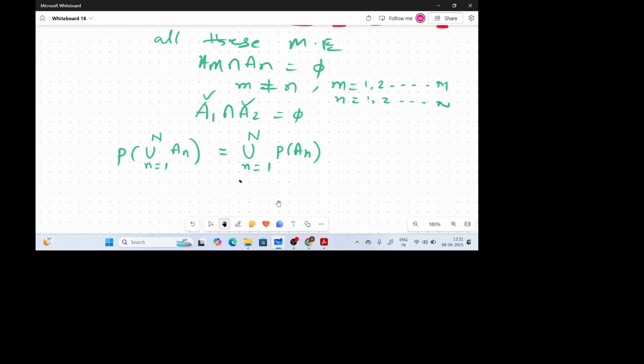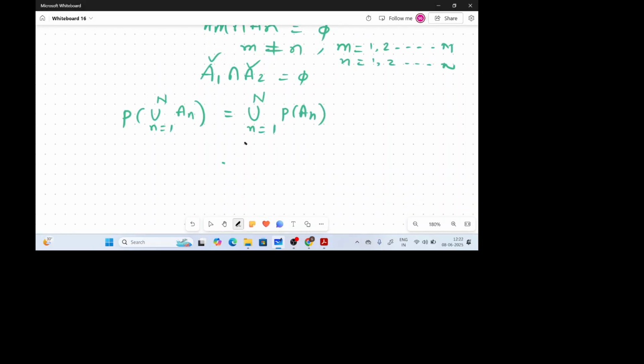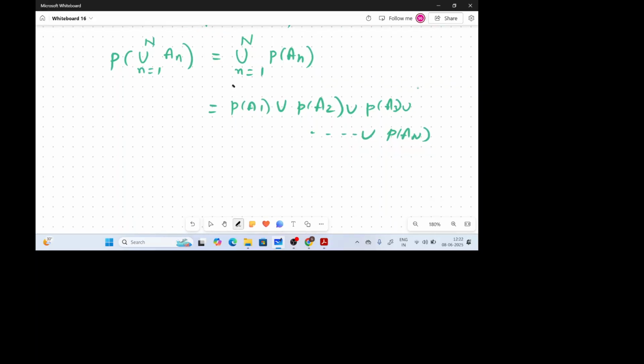Now, if you decompose this by varying n here, what are you going to get? P of A1 union P of A2 union P of A3, and so on up to union P of A_N, right?